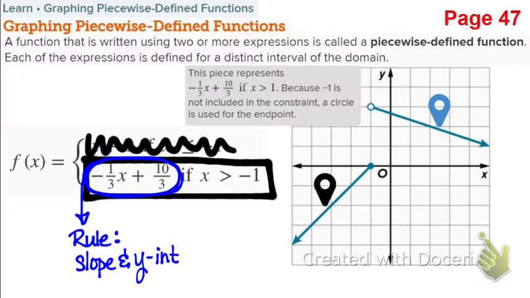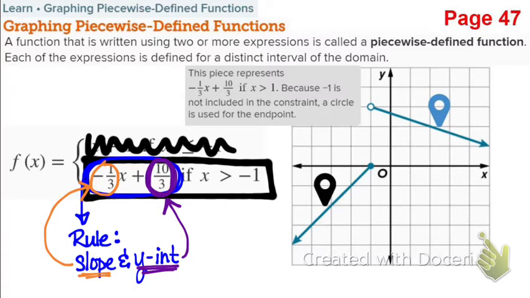What is the slope of this one? Negative 1/3 right here. What's the y-intercept? Right here. Y-intercept. I don't look in the inequality for the slope or the y-intercept.